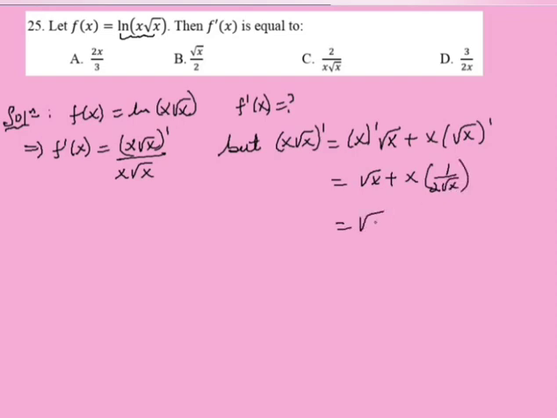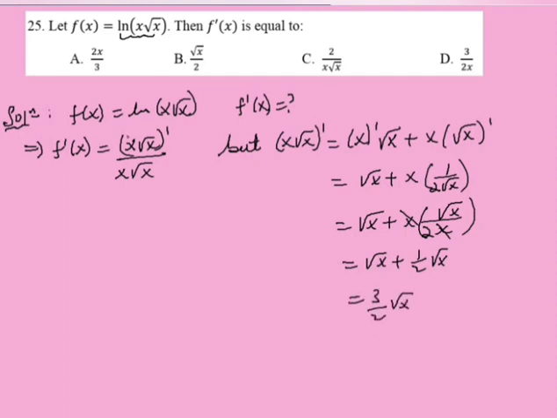Again, this can be written as root x plus x root x over 2x, which simplifies to root x plus half of root x, which is 3 over 2 root x.